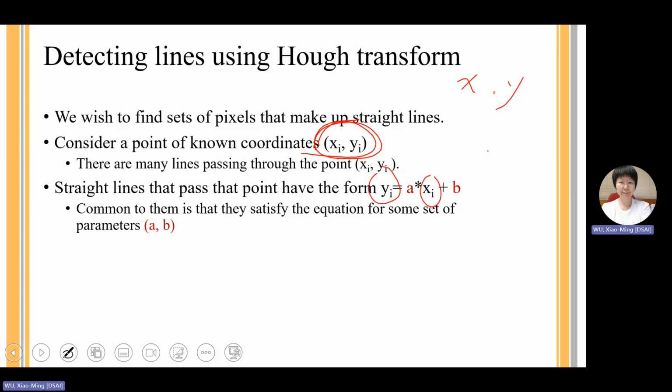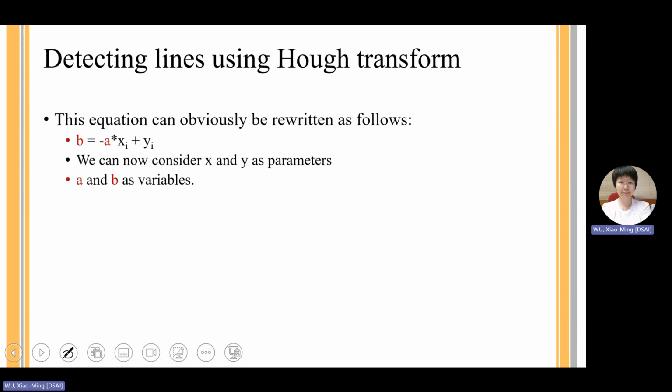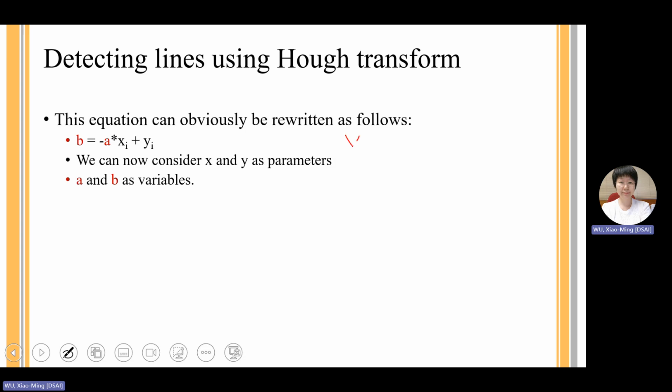For those xi, yi, as we say, x1, y1, xn, yn, if they belong to the same straight line, then they share the same A and B. And if we write this equation, yi equals A xi plus b, this is the equation in the XY space.